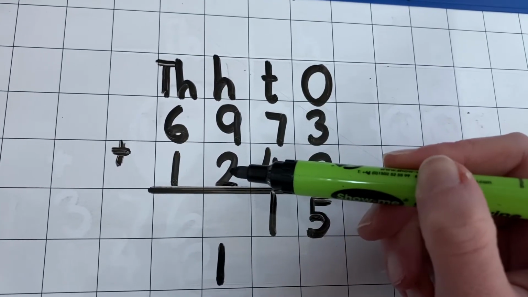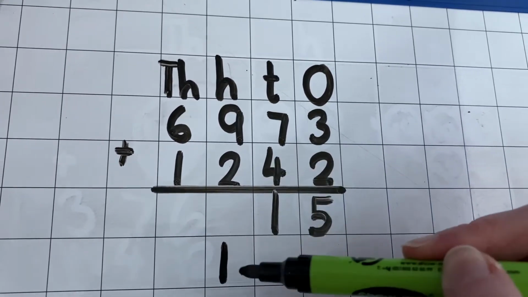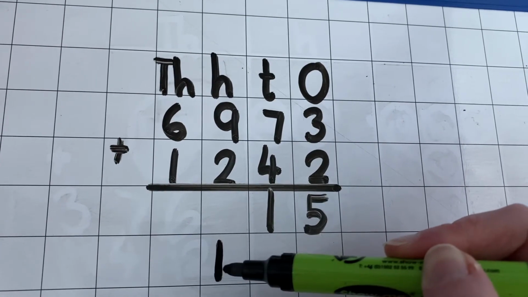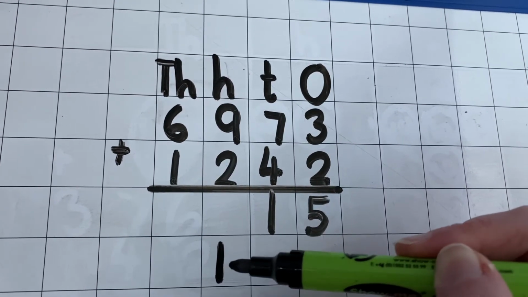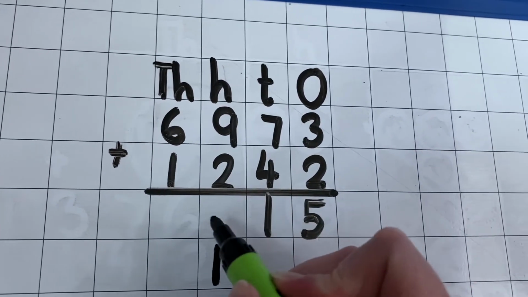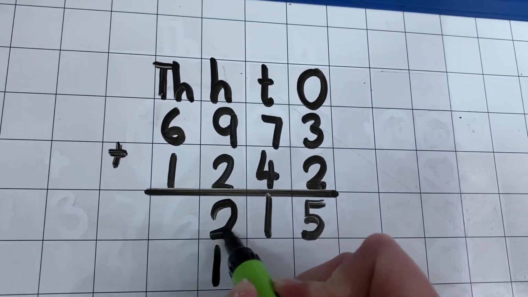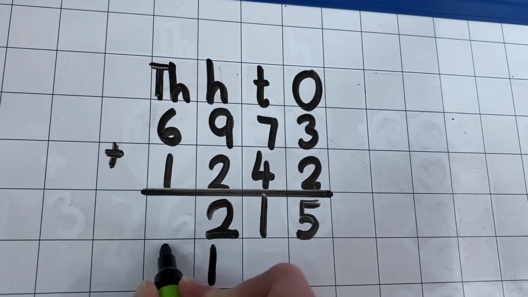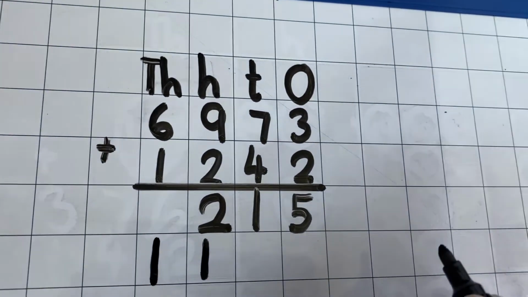900 add 200 is 1,100. Add the next 100 is 1,200. Therefore, I need to make another exchange. I put my 200 here and I exchange my 1,000 under here.